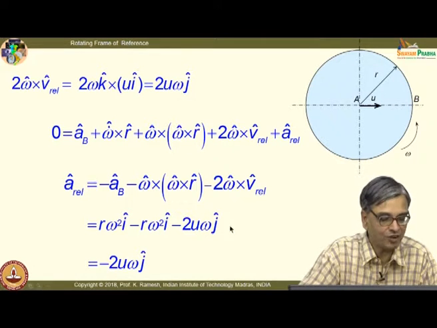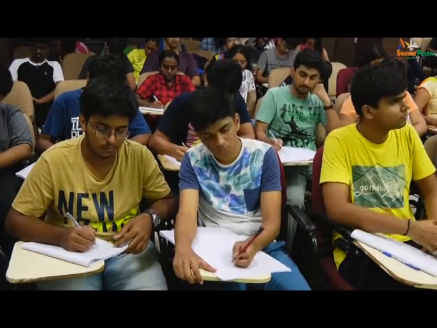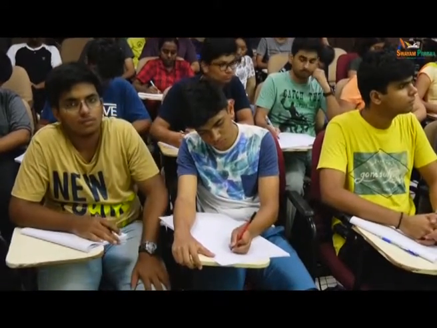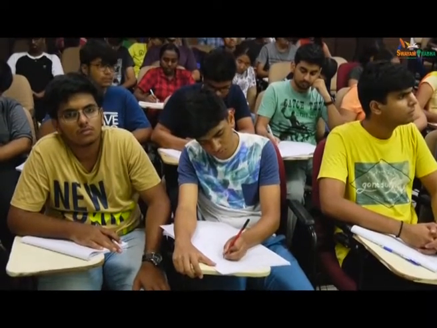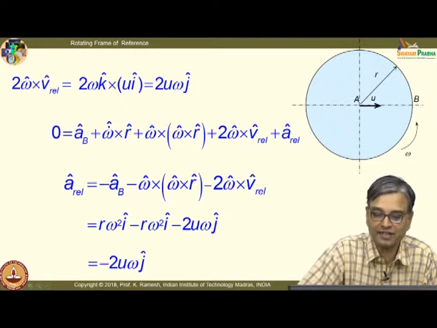Here I have a constant acceleration minus 2 u omega. So, what way would the deviation be? It would again be a parabola. Okay. So, that is what you see here.